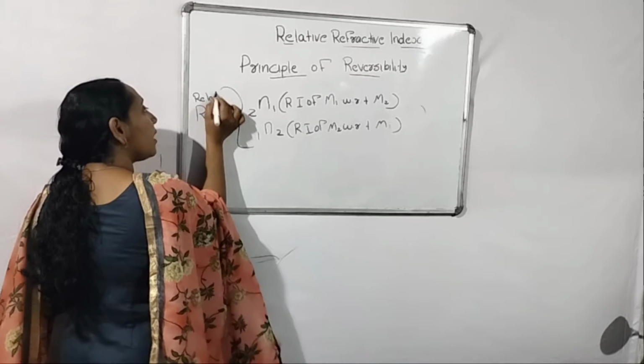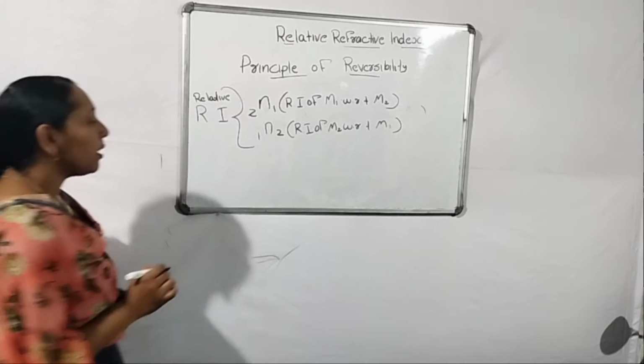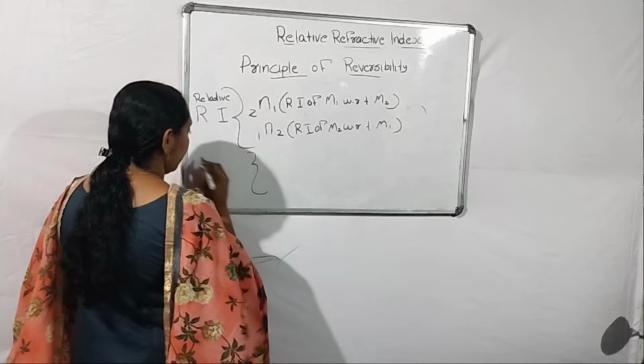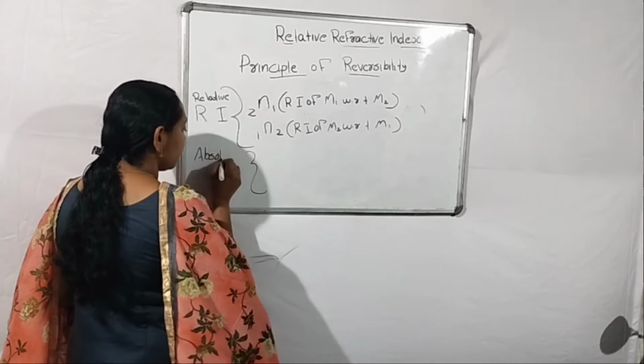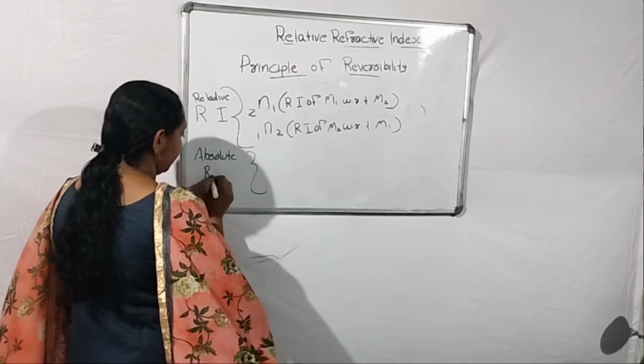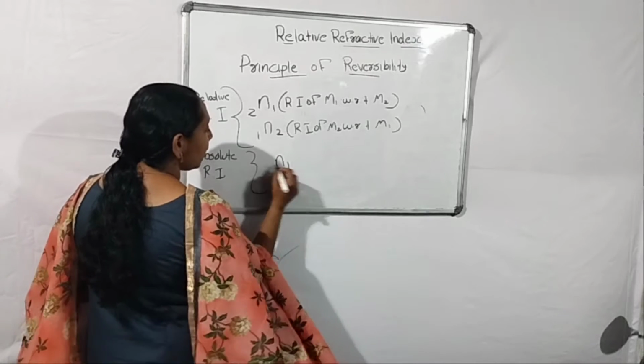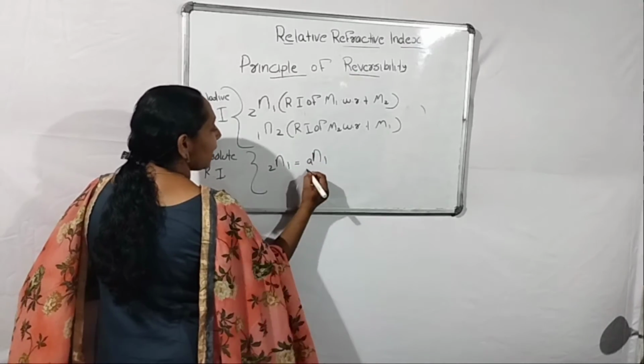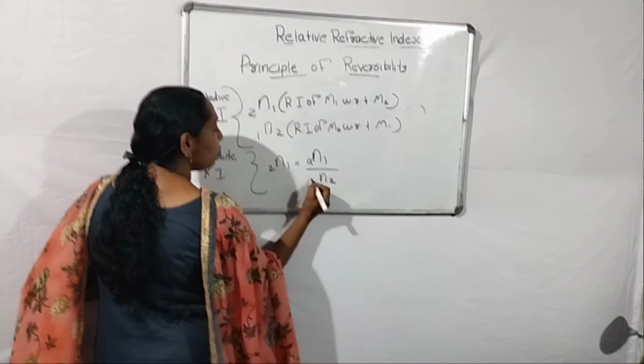Okay. How will it be written in absolute form? This n12 you can write as n1a divided by n2a.